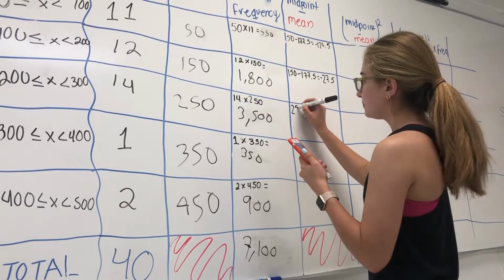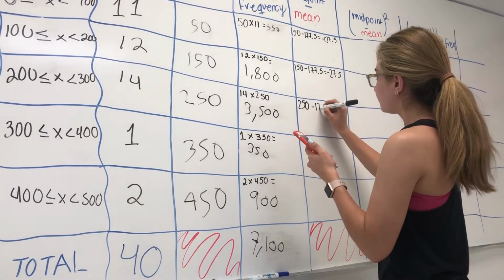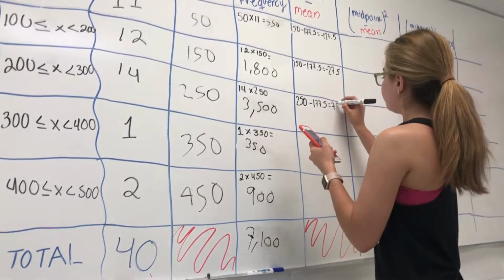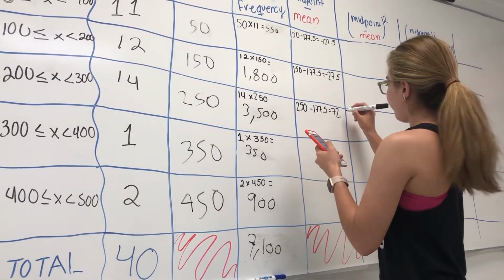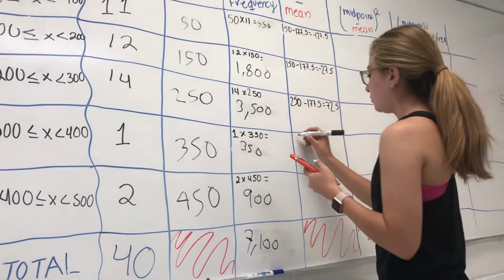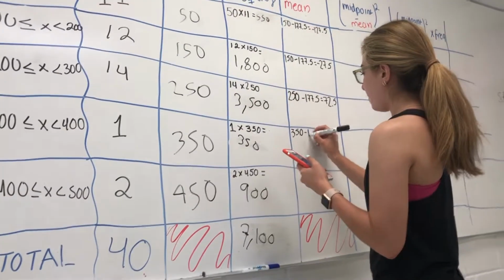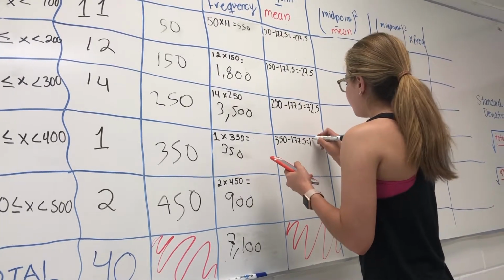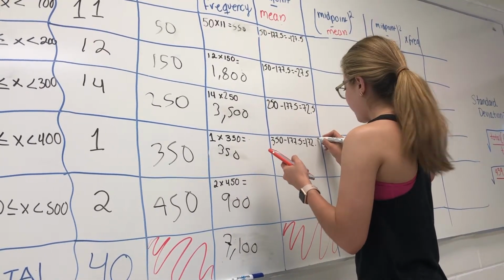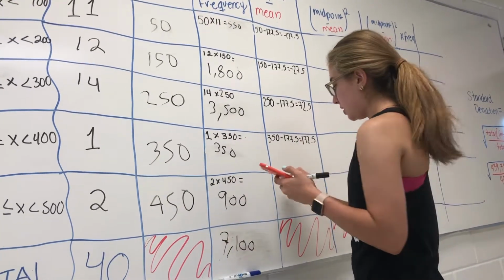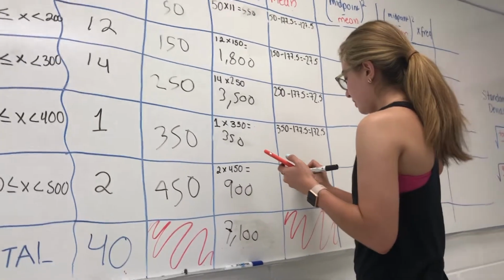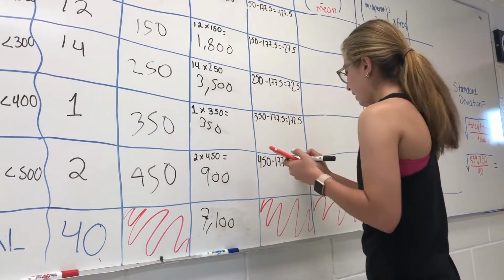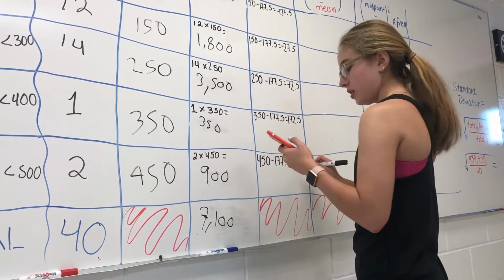The midpoint minus the average gives us 72.5. We continue with the midpoint minus the average, and this gives us 172.5. Then, last but not least, minus the average, and this gives us 272.5.